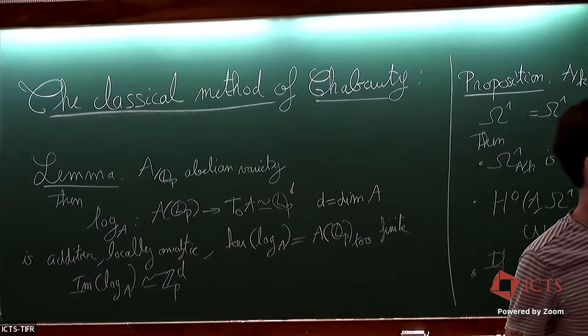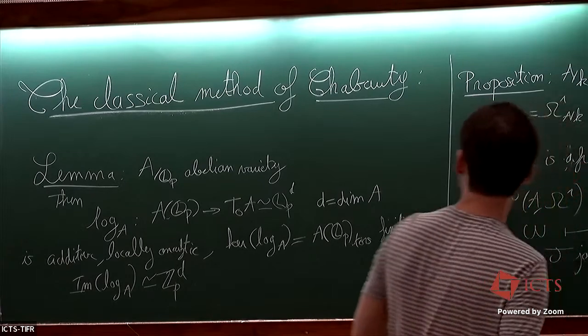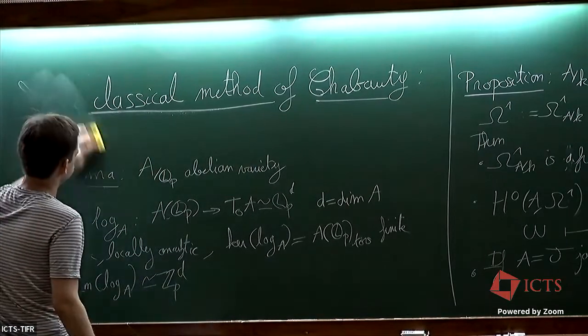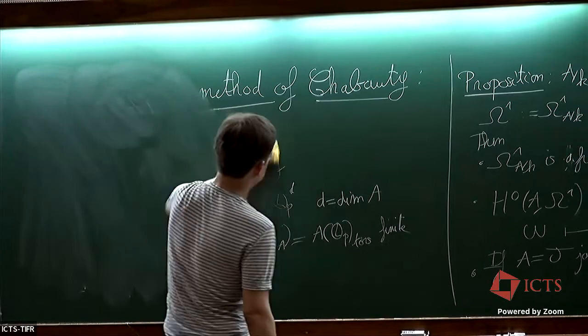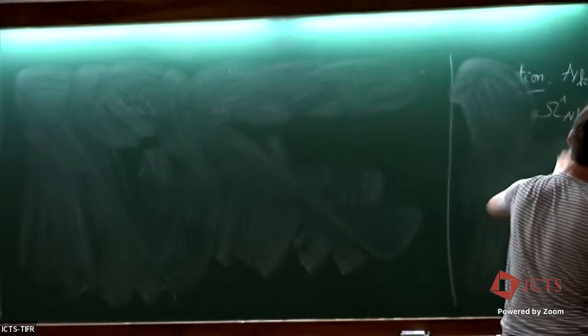It's more important to know it exists. And you know you can compute it locally, and I will show you how. Locally, it will not be too difficult, because we have done all the work to make it quite obvious.